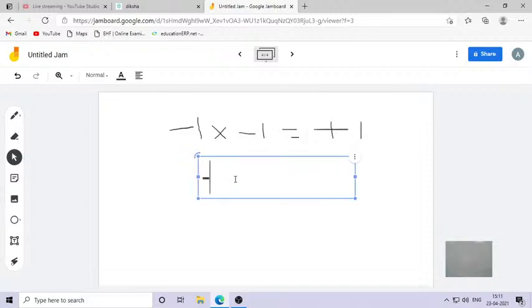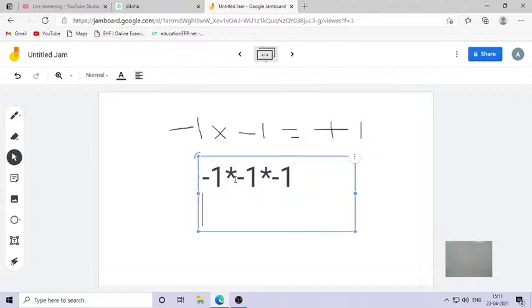Okay, and minus 1 multiplied by minus 1 multiplied by minus 1. So here what will happen? First of all, minus 1 into minus 1 is plus 1, multiplied by minus 1 becomes minus 1. I think you all got it.